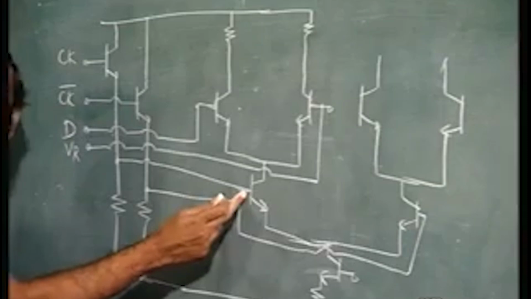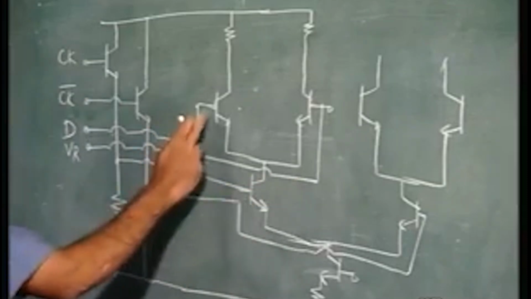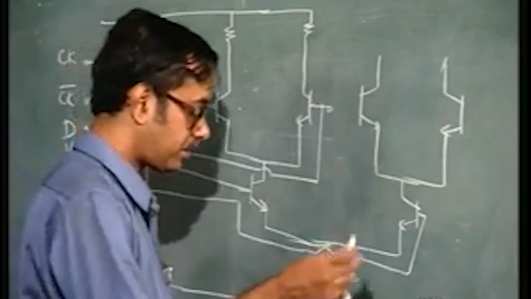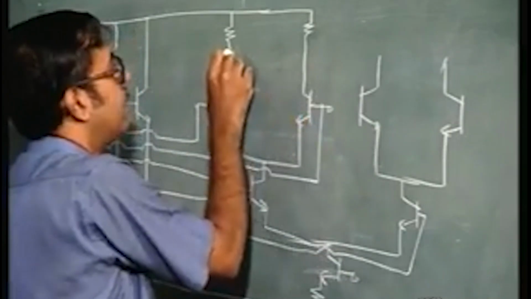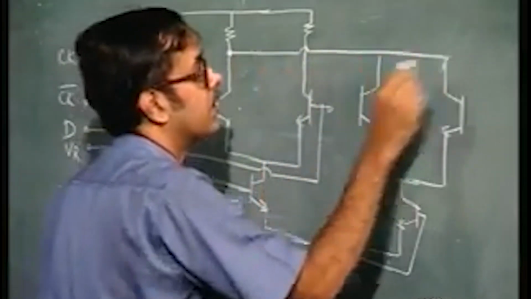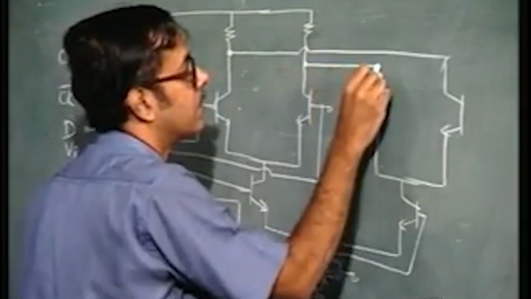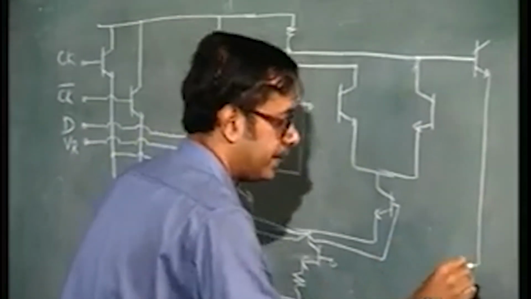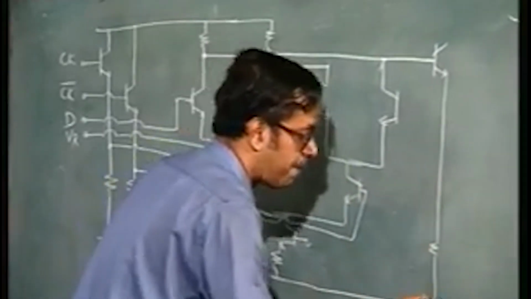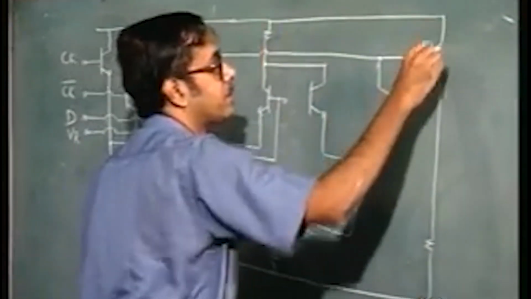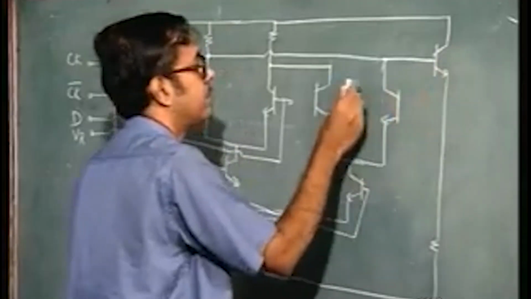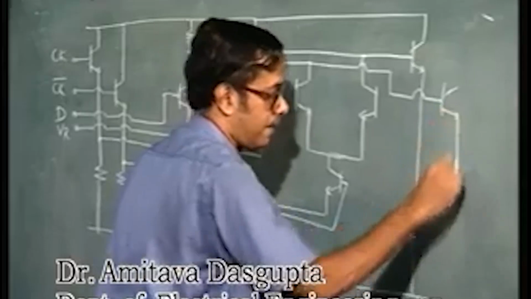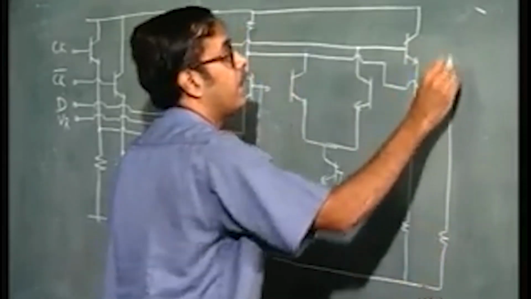So, one you have clock and the other is clock bar. Here you have D and VR, reference voltage, and here you have, say, this one going here, this one going here, and then these outputs again go to emitter followers, and you have one more emitter follower here.